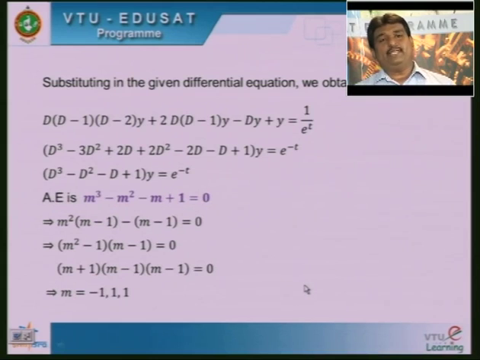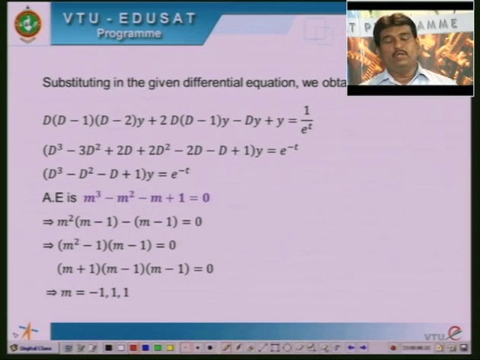If I substitute all these things in the given differential equation, we obtain d into d minus 1 into d minus 2 into y plus 2 into d minus 1 into y minus dy plus y equals to 1 by x.